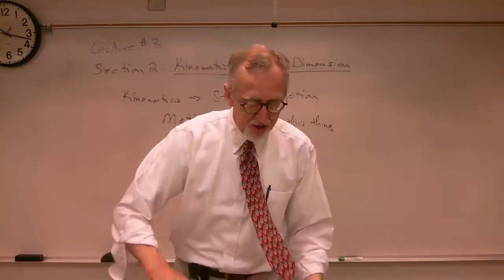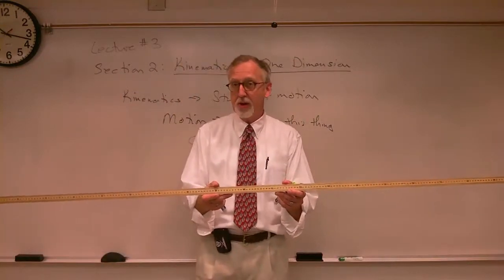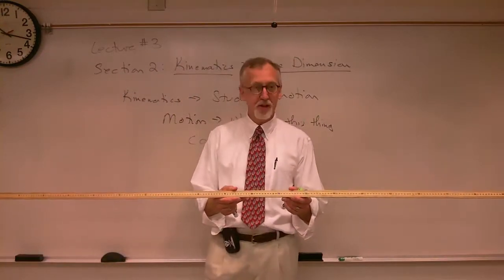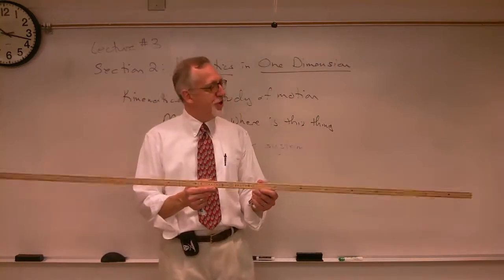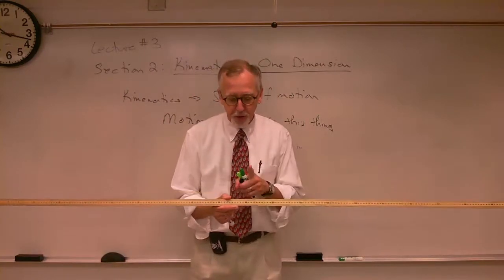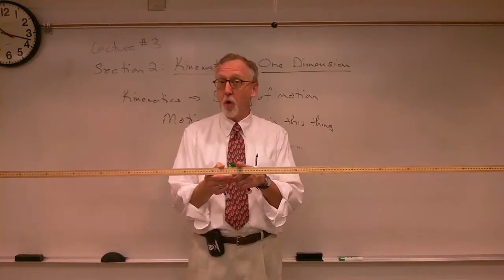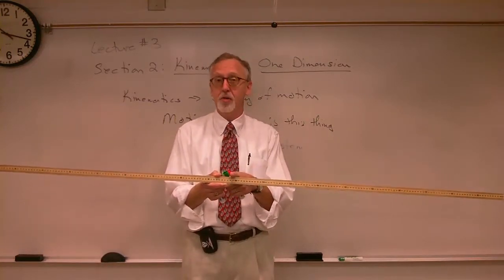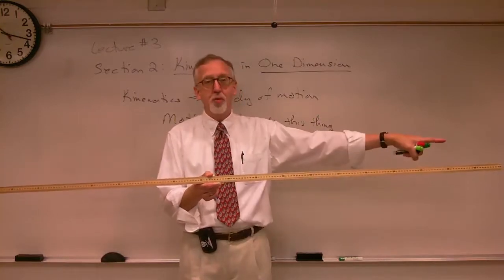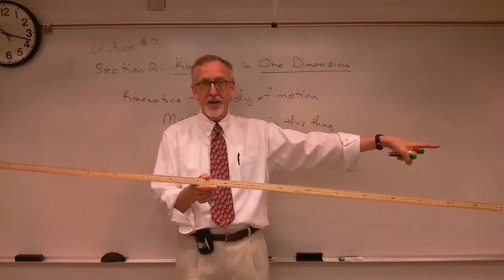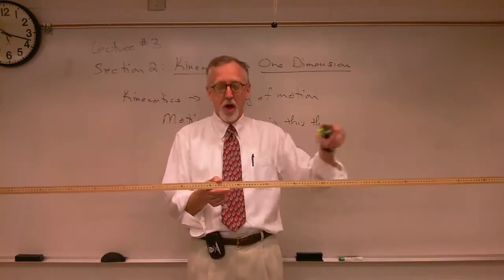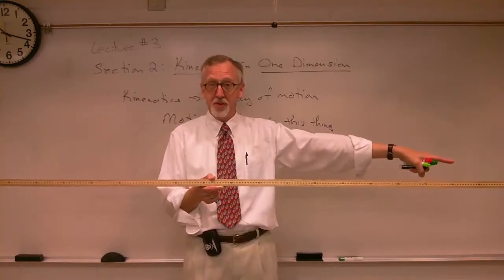Very simply, imagine something like a meter stick. So here I have a 2-meter stick, and we're going to choose a couple important points. First, we're going to choose one point on the meter stick. We're going to call this the origin, and we'll label this 0. Any positions to the right of the origin, we'll call these positive positions.